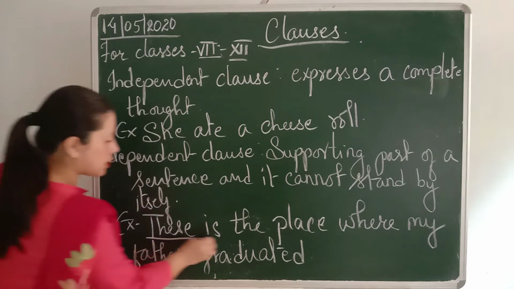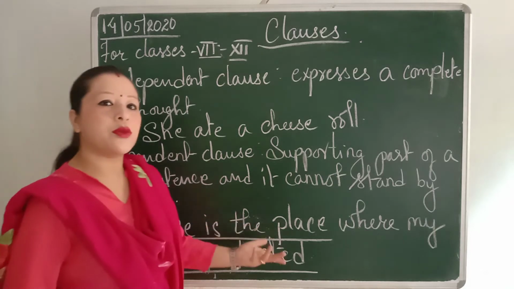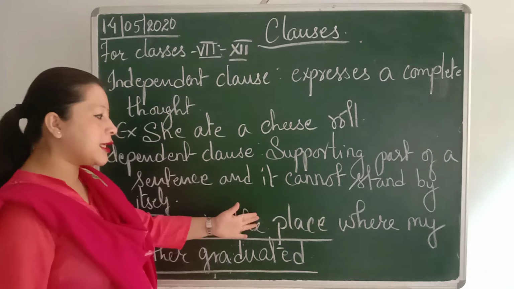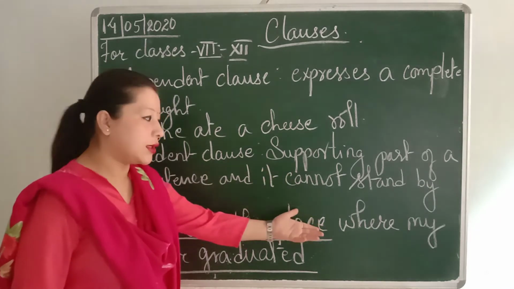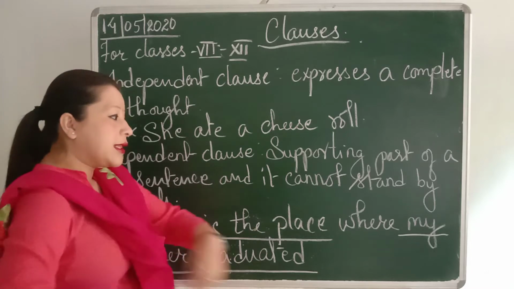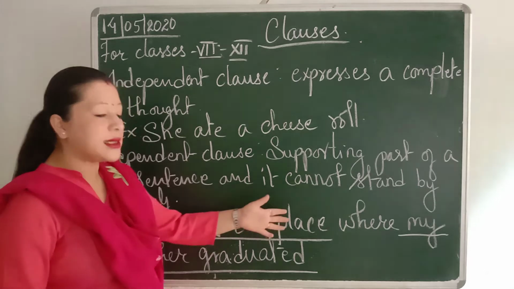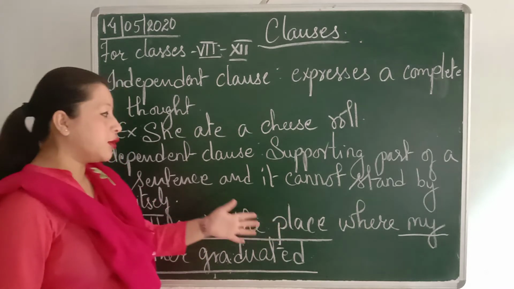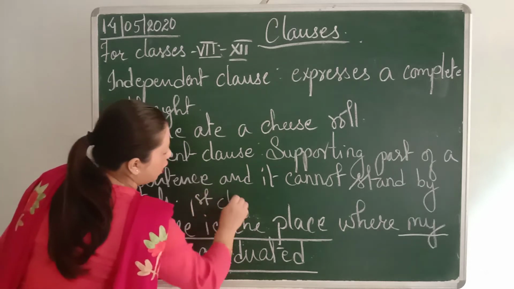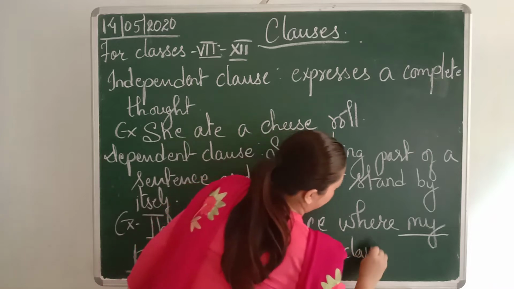So this is a first clause and this is a second clause. This is the place. Now which place is that? There is no complete meaning in this sentence. So this sentence is dependent on another clause, and that is where my father graduated. When the second clause is added, the sentence gives a complete meaning. So this first clause is dependent on the second clause. This is called a first clause and this is a second clause.